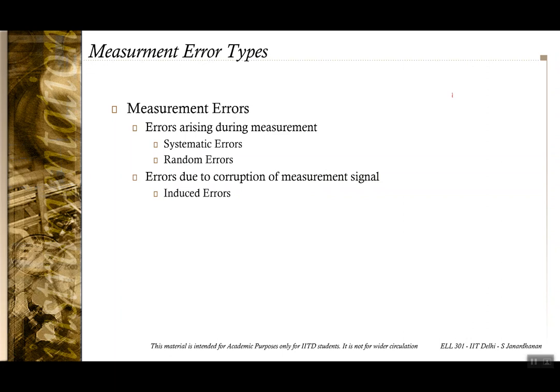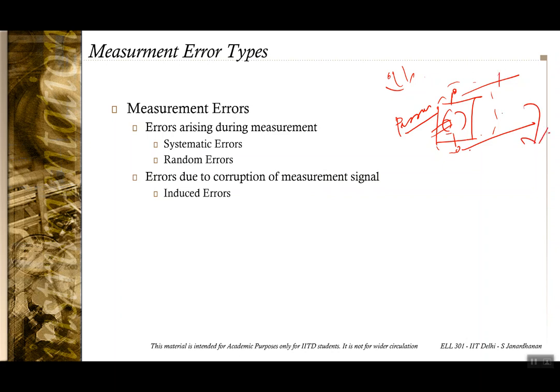You can have errors that happen because of the instrument being measured, or because of the person who is measuring, or because of some environmental factors. And all this is happening during the measurement, and then the measurement signal is being transmitted for further usage. And you can also have errors occurring here.